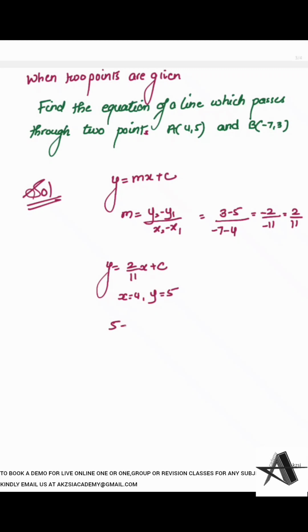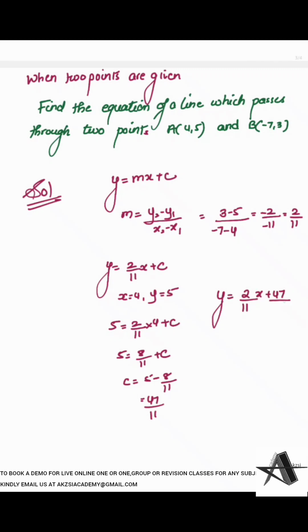Substituting, I'll get 5 is equal to 2 over 11 into 4 plus c. 5 is equal to 8 over 11 plus c, and c is 5 minus 8 over 11, which will give you 47 over 11. So the final equation of the line is y is equal to 2 over 11 x plus 47 over 11.